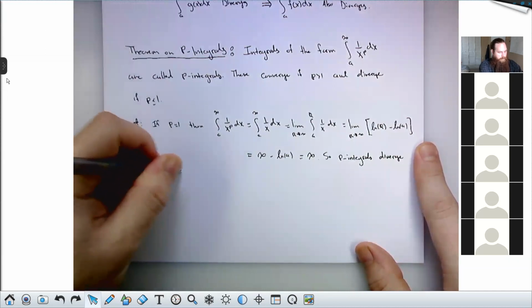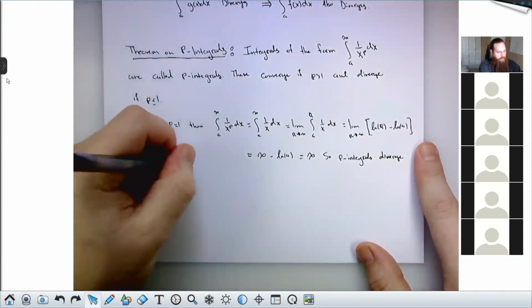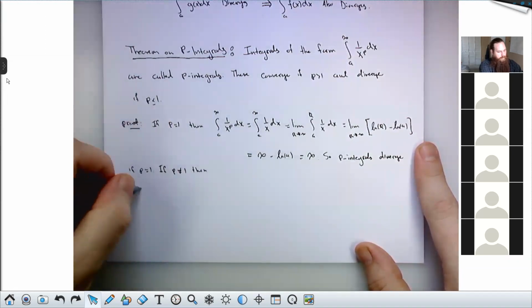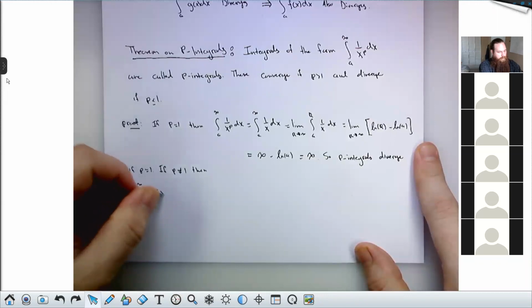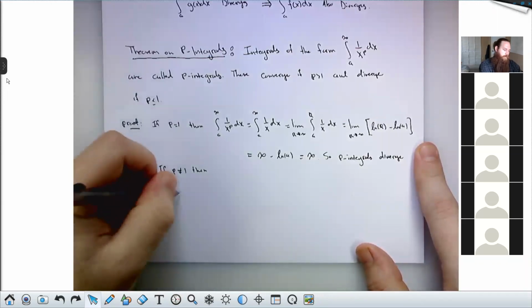If p is not equal to 1, then the integral from a to infinity 1 over x to the p dx is a power rule integral.